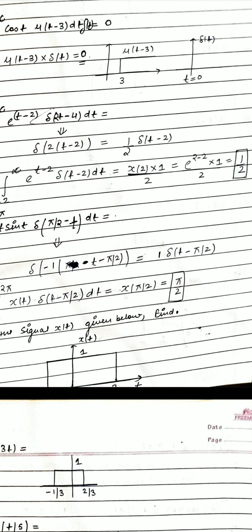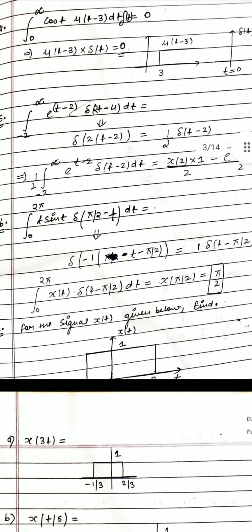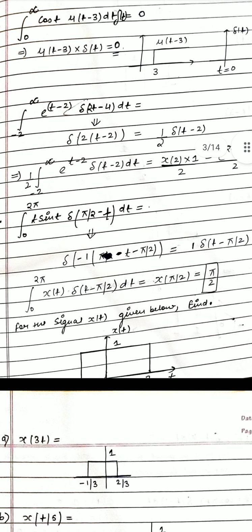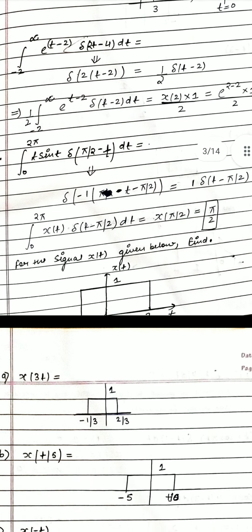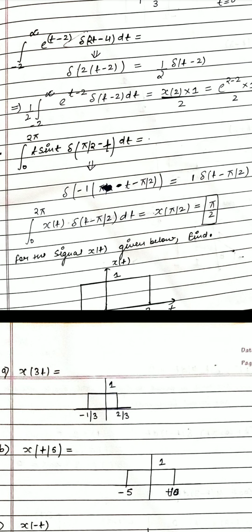Now at t is equal to pi by 2, as pi by 2 is within the limits, we can solve. Now put pi by 2 in this variable. It is x of pi by 2, which is pi by 2 multiplied by sine pi by 2, which is 1. So it is pi by 2. So the resultant answer is pi by 2.